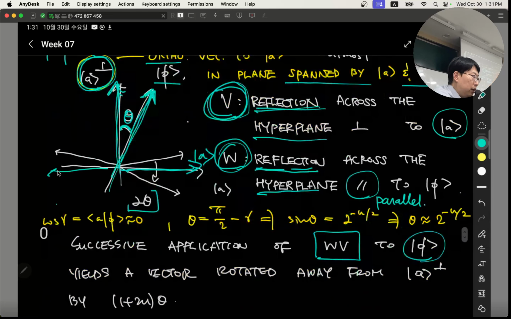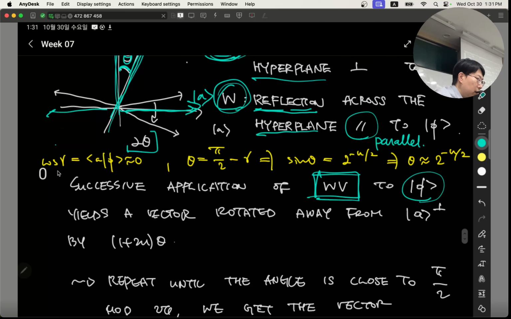But if we take this operation V and W successively to the ket vector, then if you apply it n times, we end up with ket phi rotated away from the perpendicular direction of A by this much.